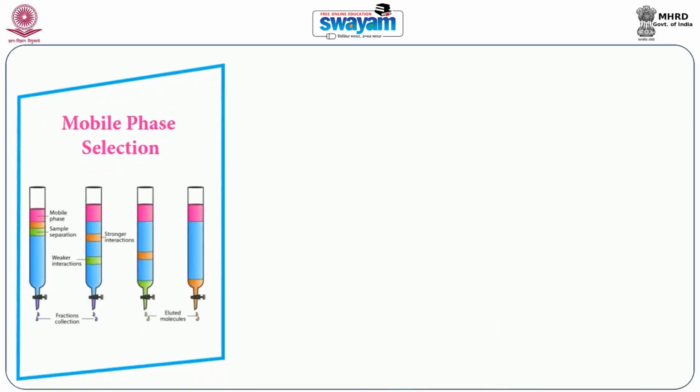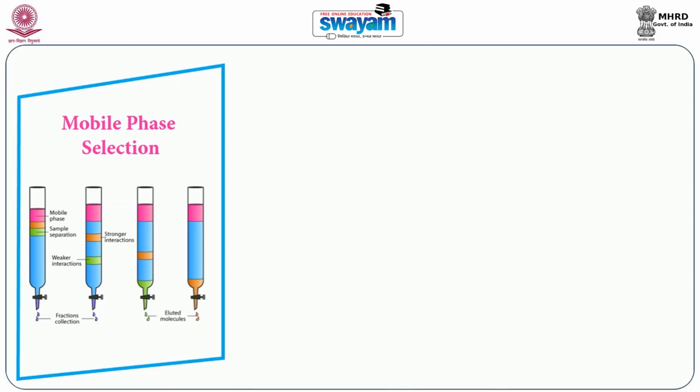Now, as we said, the stationary phase will be one of the critical criteria for determining the separation because of the knowledge of the nature of the analyte you're trying to separate. But the mobile phase is also critical for the quality of separation that you will eventually achieve.